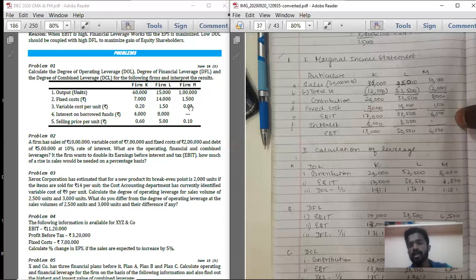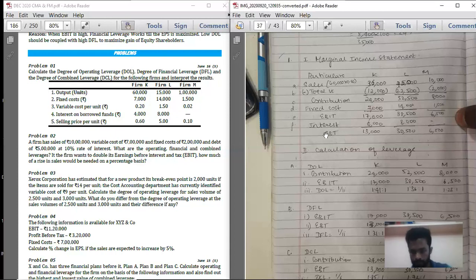Below that, small h, less interest. From EBIT we should deduct interest to get EBT. From EBT, if we deduct tax, we will get PAT. That is the format. So below EBIT, minus interest. For K it is 4,000 within bracket, and for L within bracket 8,000. For M there is no interest on borrowed funds, so nil.